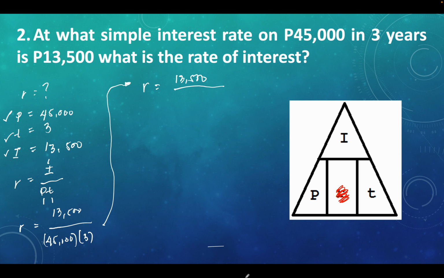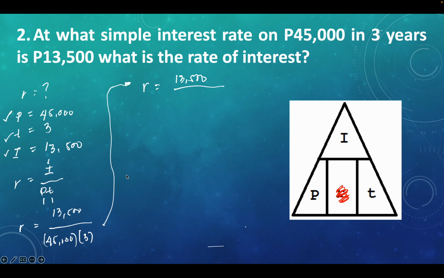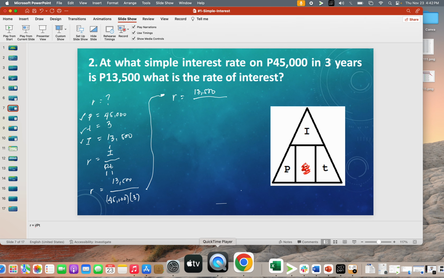So, in our calculator, so, sa calculator natin, if we have 45,000 times 3, that is equivalent to 135,000.